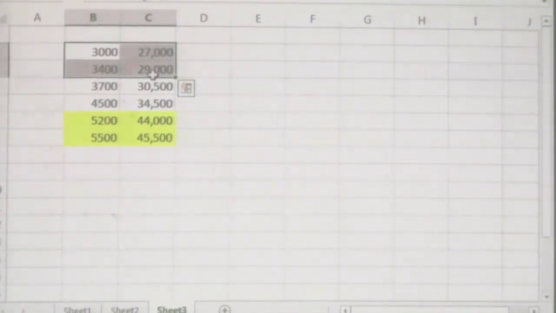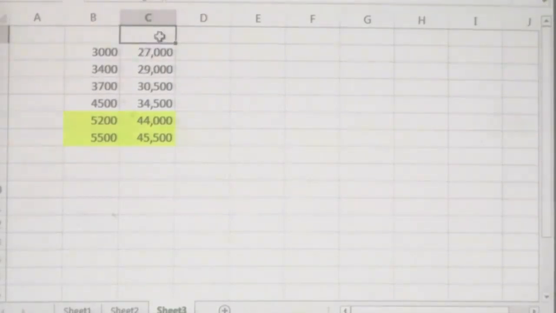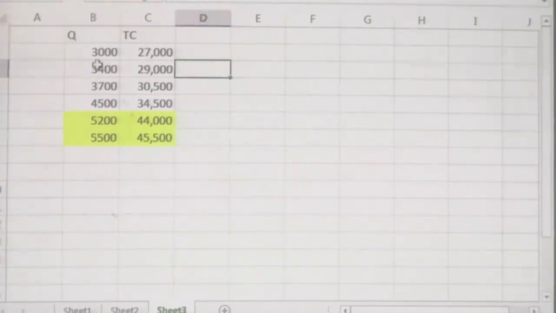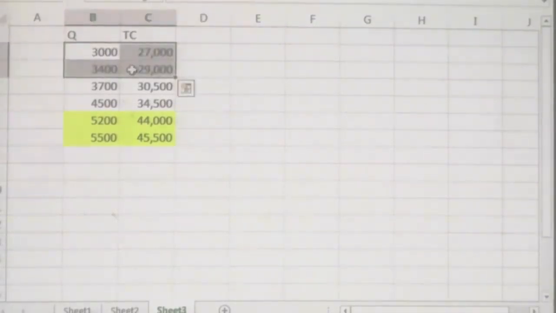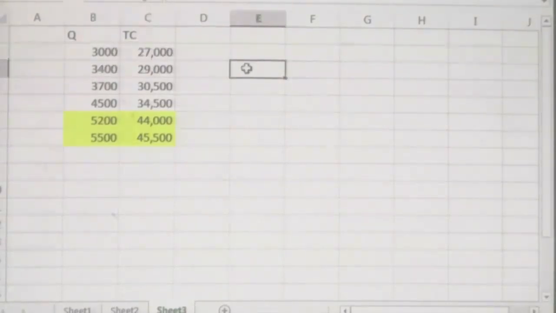Is that clear? Now this is the total cost, this is the quantity, right? Now if you select these two sets, you can see the quantity was increased by 400 units, as well as cost was increased by 2000, right?